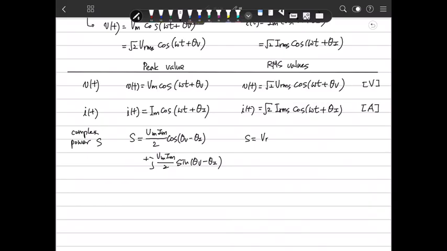So we can rewrite it as V RMS I RMS cosine theta V minus theta I plus j V RMS I RMS sine theta V minus theta I. Unit of this is volt ampere.